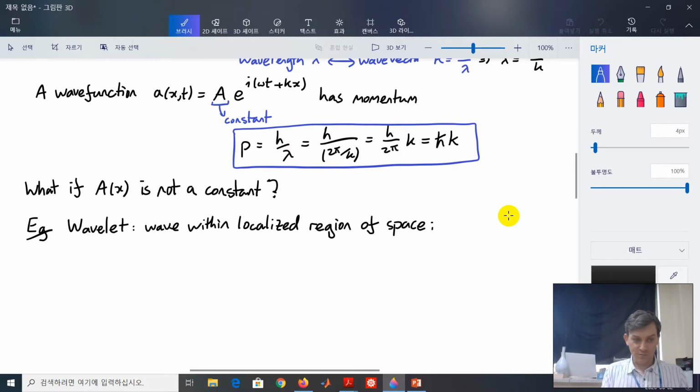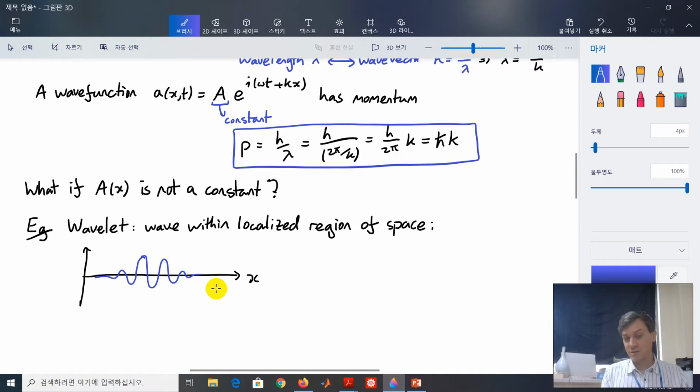So if I were to draw that as a function of x, then rather than a plane wave, you have a plane wave here, but as you move away from a particular point, the amplitude of the plane wave drops down to 0, like this. Okay, so in the region here, the wave looks like a plane wave, but outside of this region, the amplitude drops to 0, usually with some exponential decay.